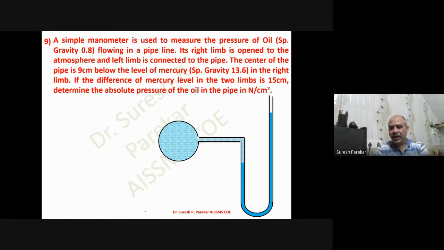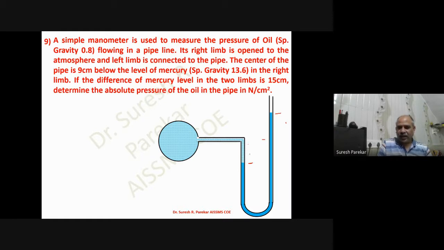Now try to understand whatever data is given. We have to draw the diagram in the examination, and you have to understand that. Now the difference of level of the mercury is given as 15 cm, so that is 0.15 meter. Now the level of the mercury to the center of the pipe is given as 0.09 meter or 9 centimeter.